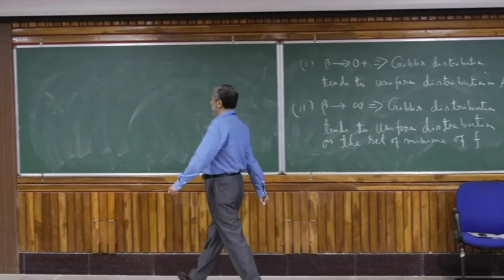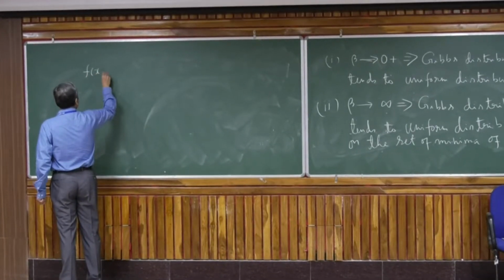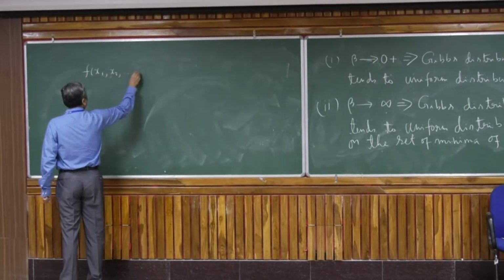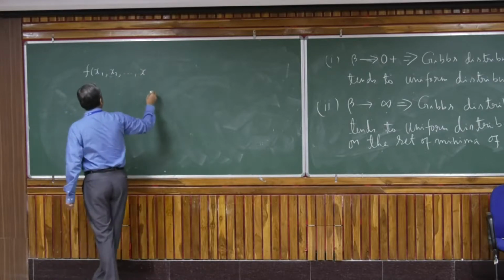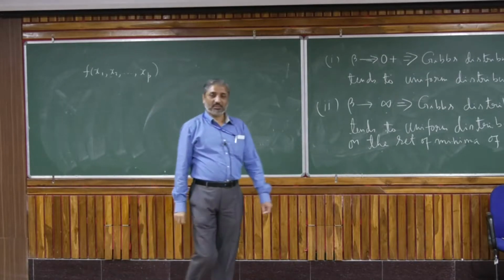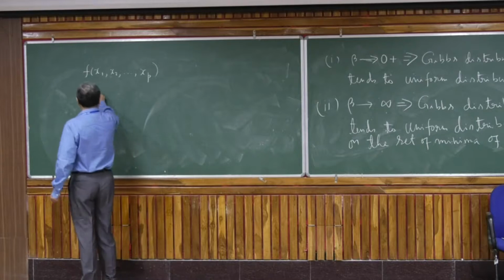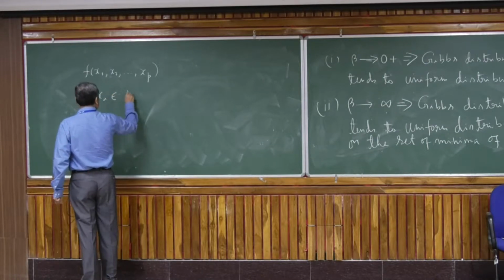Let's say I have a function of several variables. Let's say x1, ..., xp. So there are p variables, and I have a function of those p variables, and let's say each xi takes values in some finite set A.